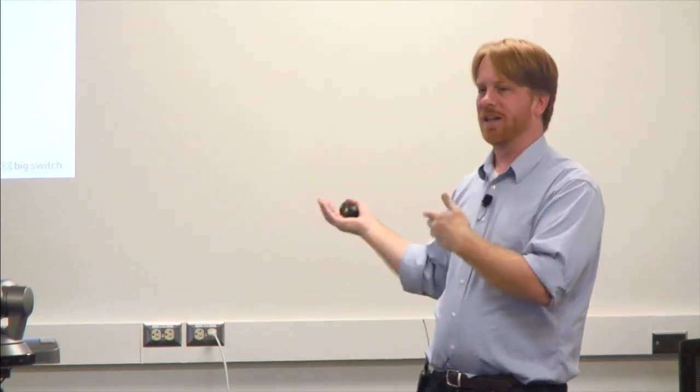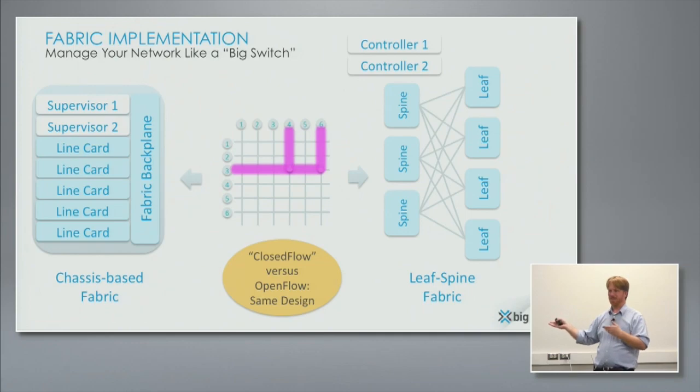Now, that is in theory possible here. If we as programmers at Big Switch didn't know what we were doing, we could cause that to happen. That scares people, and it should. But by leveraging the same experience that people have had over the last 20 years, this is a problem that people know how to solve, and it's not fundamentally different from a problem that has already been solved.